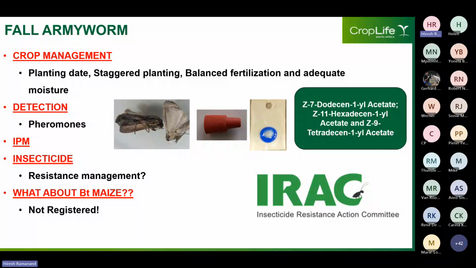Both lures, one a rubber septum and the other a bubble cap, contain the active ingredients Z7 dodecyl acetate, Z11 hexadecyl acetate, and Z9 tetradecyl acetate, which simply put is the female fall armyworm sex pheromone, which attracts male moths to the traps.